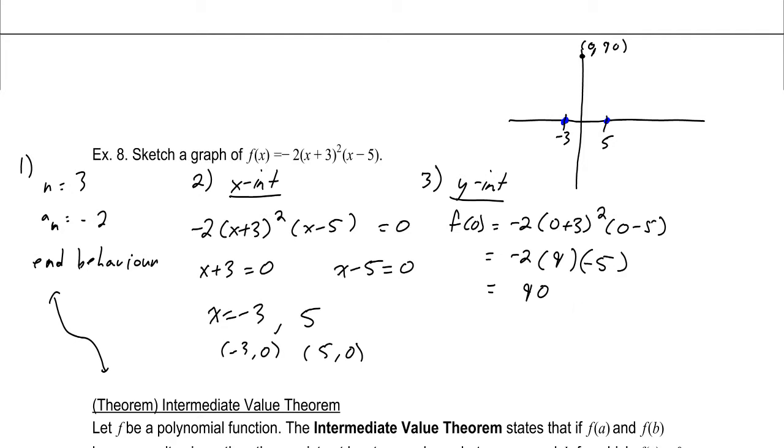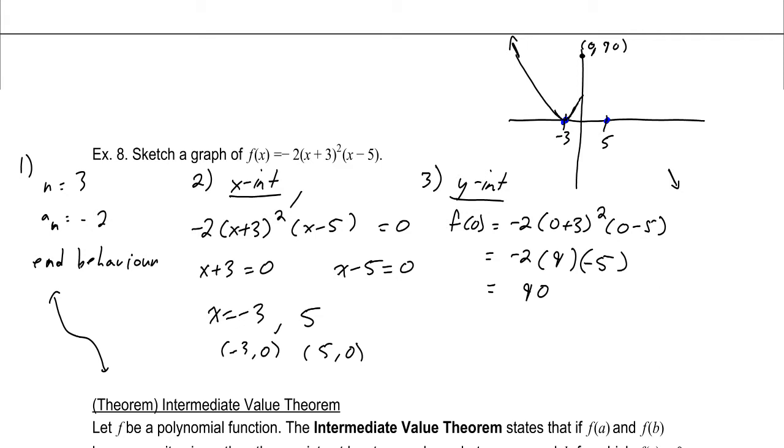Now we know what the end behavior is going to look like. We know that at x equals -3, because of this right here, it is going to touch, not cross. So off in these directions it's going to be decreasing. That's why I drew it that way. It's going to come down, and then it's going to bounce off of that.